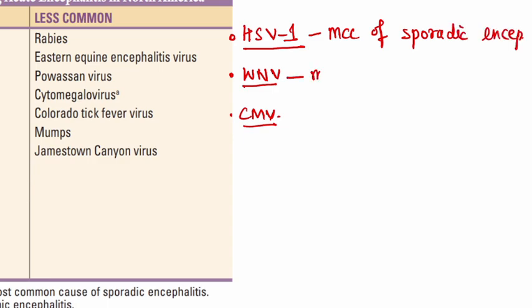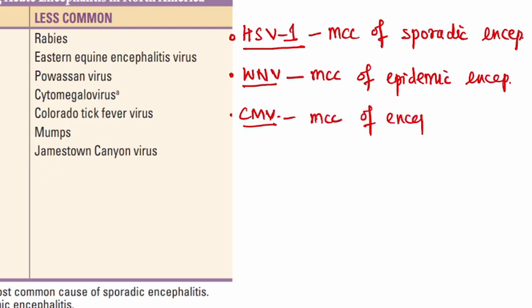West Nile virus is the most common cause of epidemic encephalitis. CMV is the most common cause of encephalitis in immunocompromised.